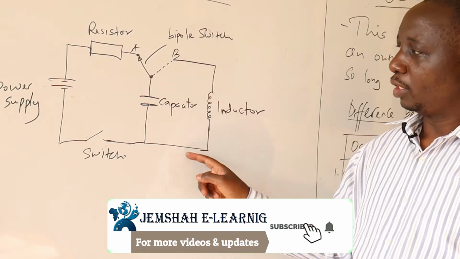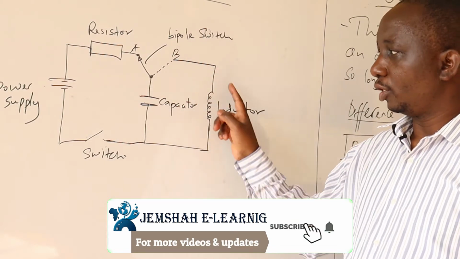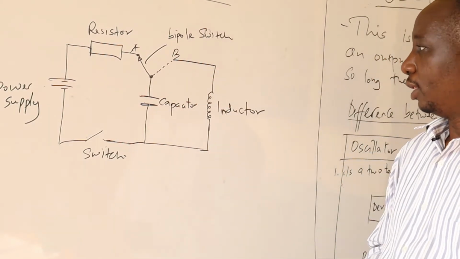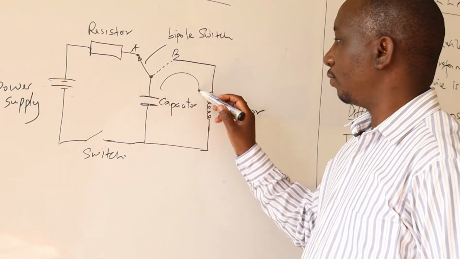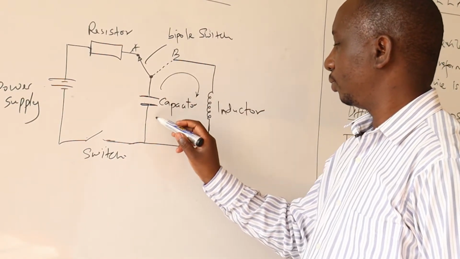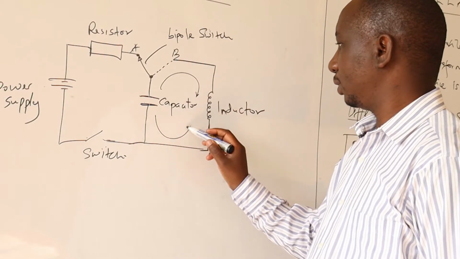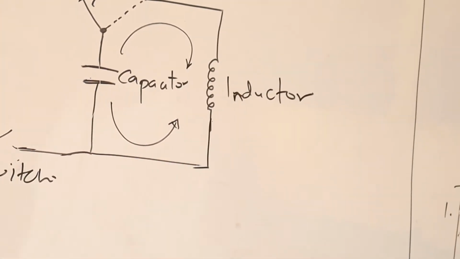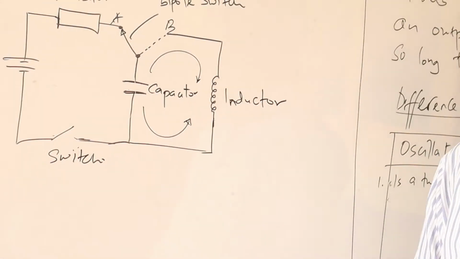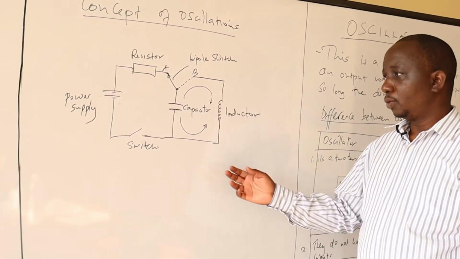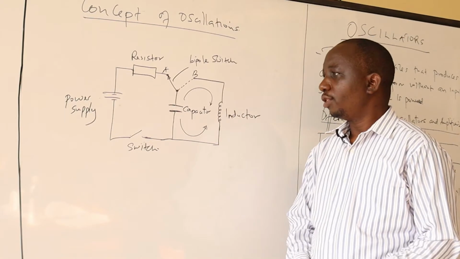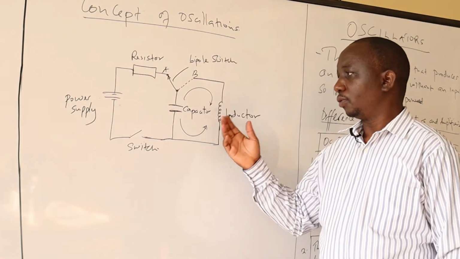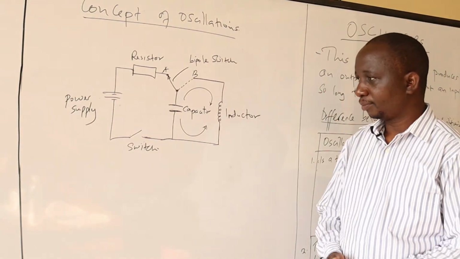So this circuit will keep on charging and discharging within each cycle, and at the end of the day we shall have what I refer to as oscillations. When we are asked to explain the concept of oscillation, we need to understand the diagram first.